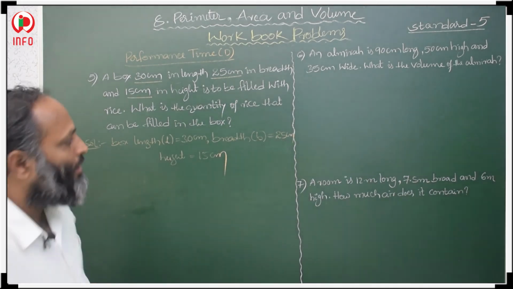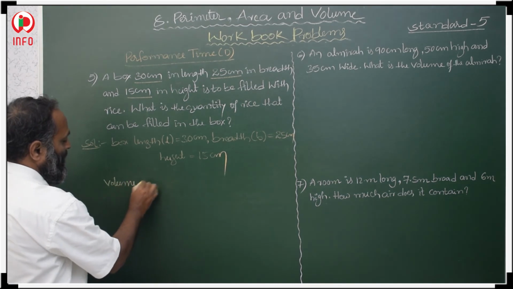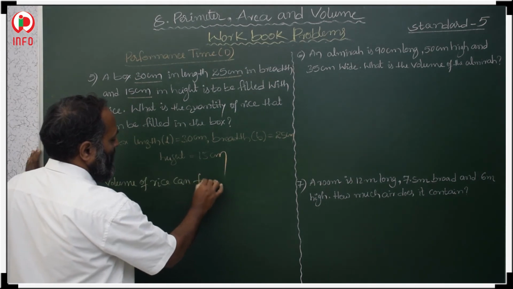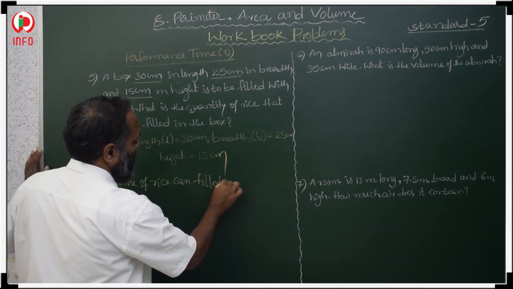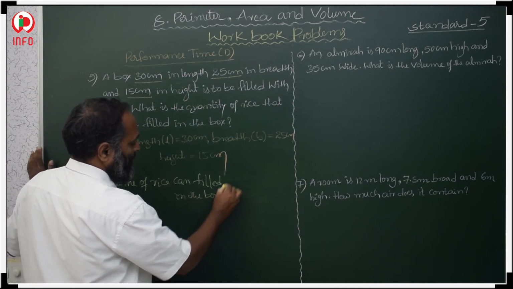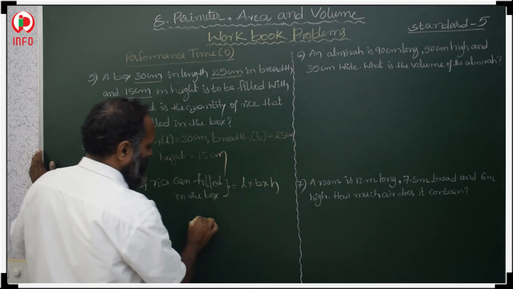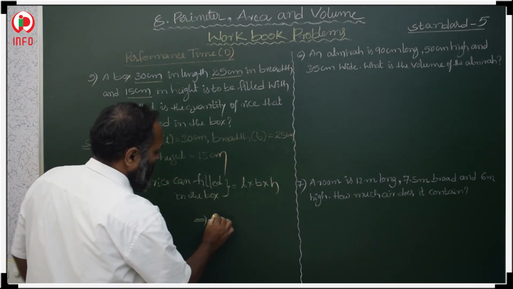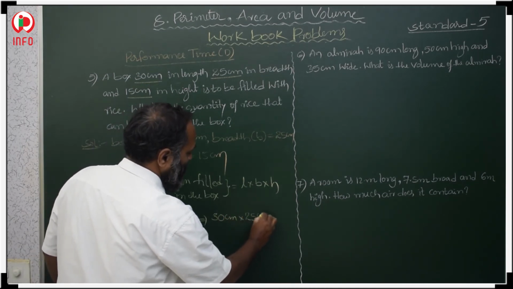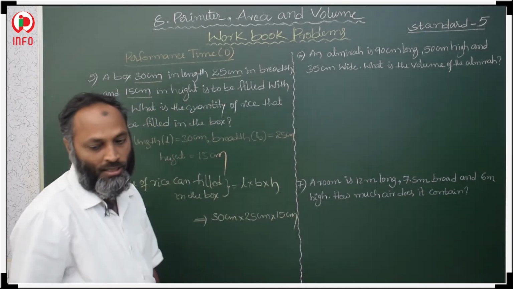So then volume of rice can be filled in the box is equal to length into breadth into height. So length is 30 centimeters, breadth is 25 centimeters and height is 15 centimeters.